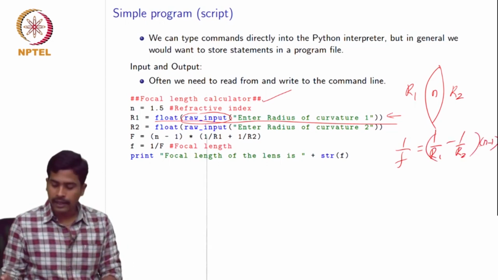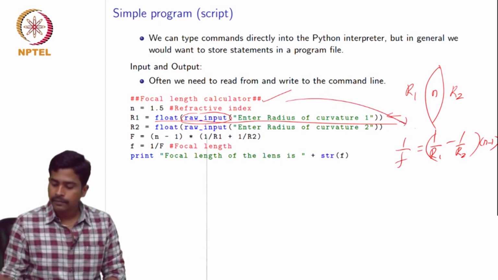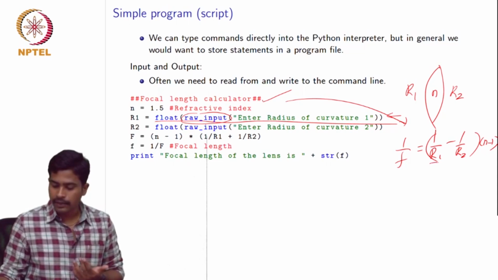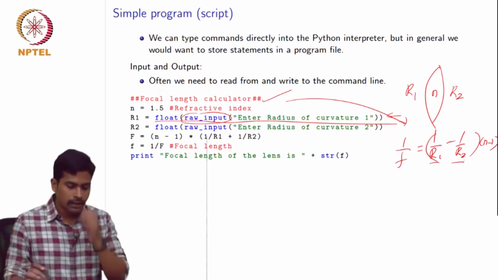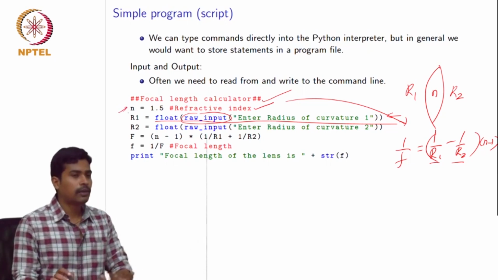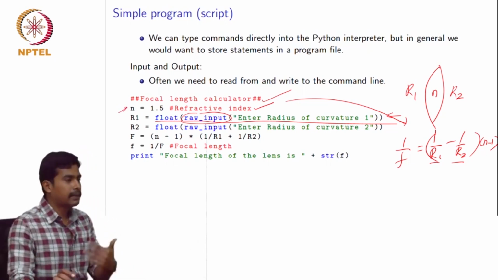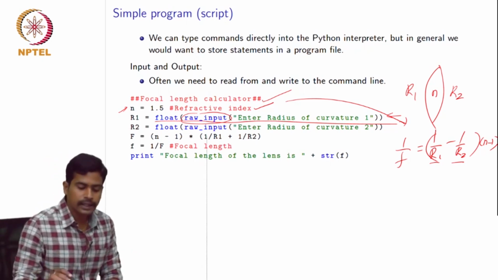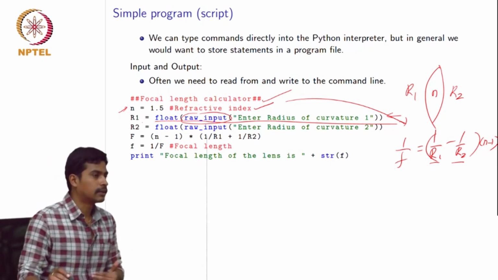So now we are writing a program to calculate the focal length, given the values of radius of curvature 1 and radius of curvature 2. In the first line we have declared the refractive index n to be 1.5, and we are keeping this value constant and not taking it from the console, but we want to take the radius of curvature from the console.